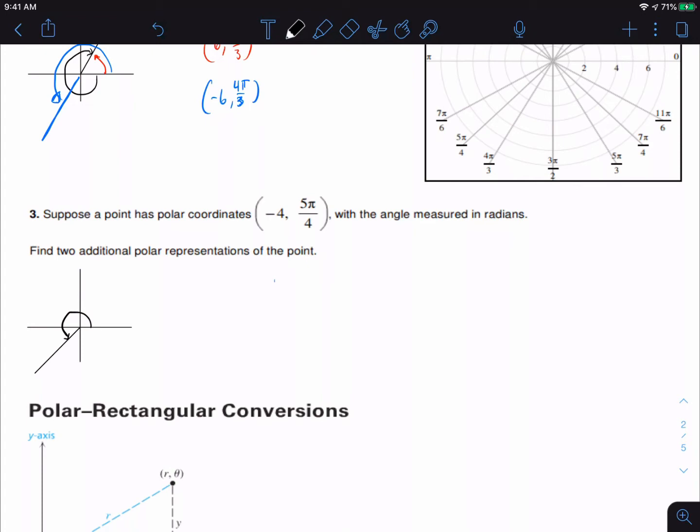And then it tells me to go backwards 4, right? So that means I'm going to end up over here. And this point is going to be negative 4 comma 5 pi over 4. And so coming this way, that's going to be pi over 4, right? And we're going to go forward, so it's a positive number.